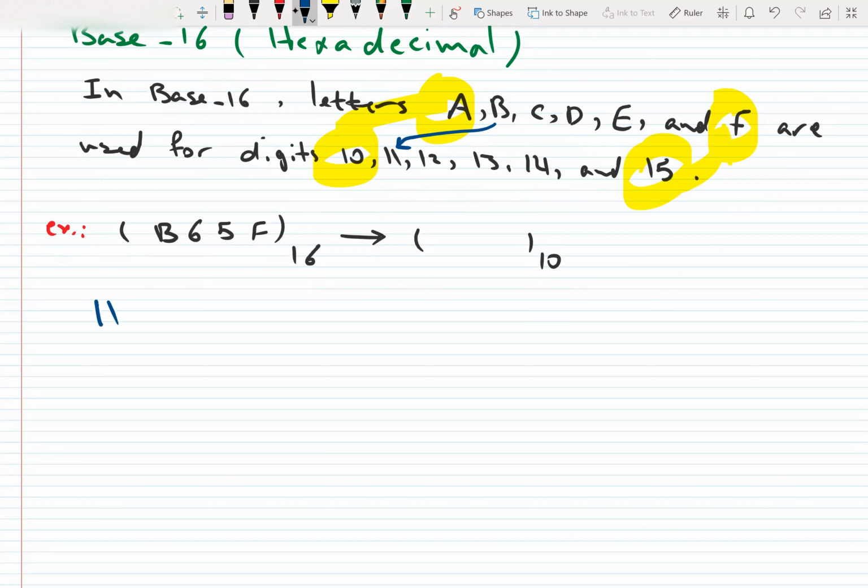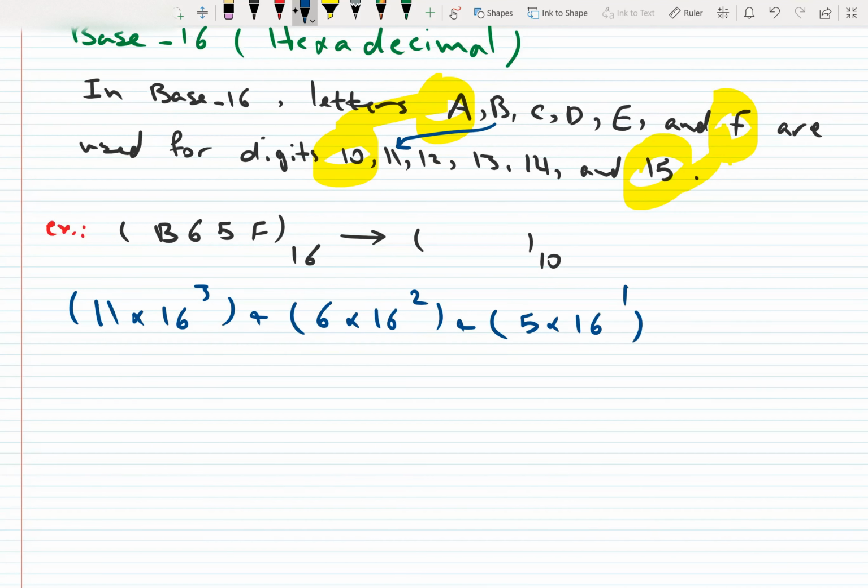So we say 11 times 16 to the power of 3 plus 6 times 16 to the power of 2 plus 5 times 16 to the power of 1 plus F. F is representing the number 15, so we say 15 times 16 to the power of 0.